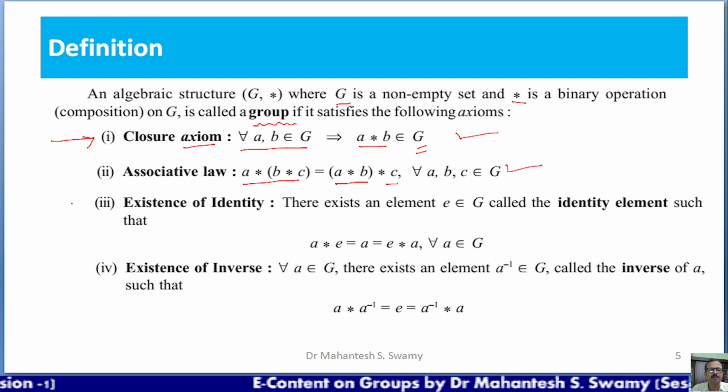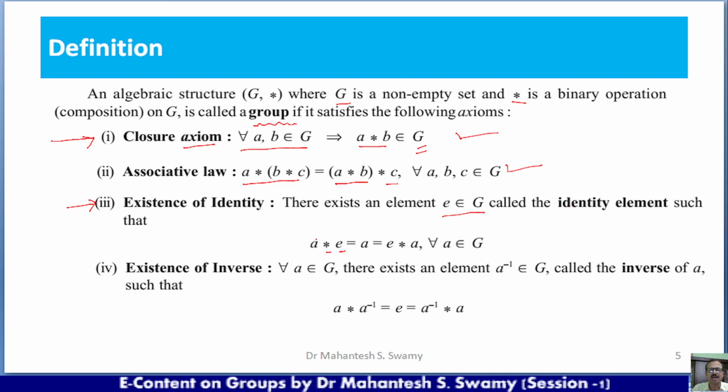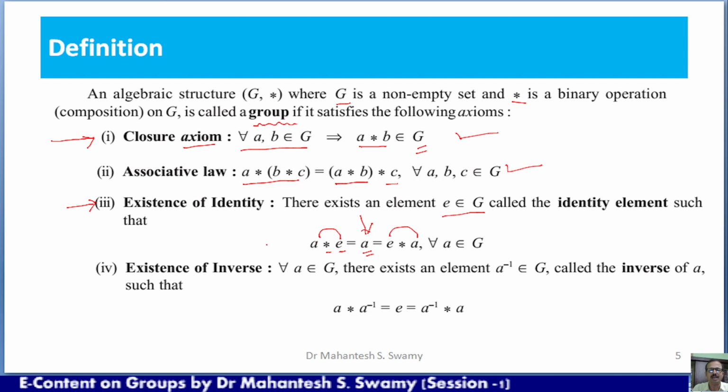The third important property is that there must exist an identity element with respect to the binary operation star. That element is denoted by E. So there exists an element E in the set G such that A star E equals E star A equals the same element A. That is, if you operate E with any element, you should get that same element back.